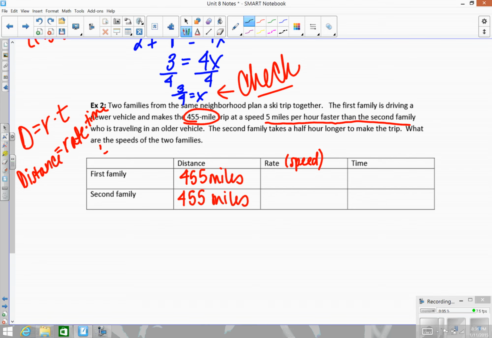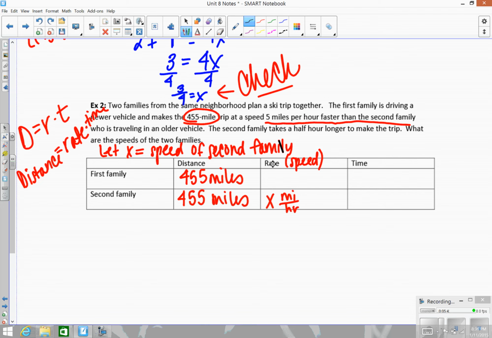We're going to let x equal the speed of the second family, because the first family is going 5 miles per hour faster. So the second family is going to be x miles per hour.